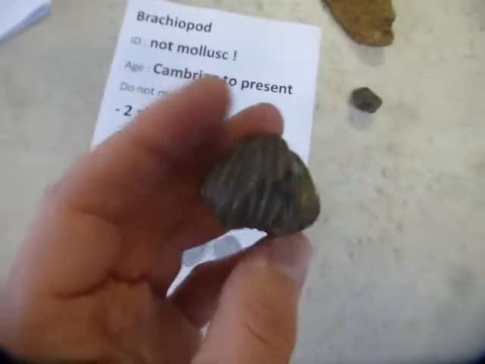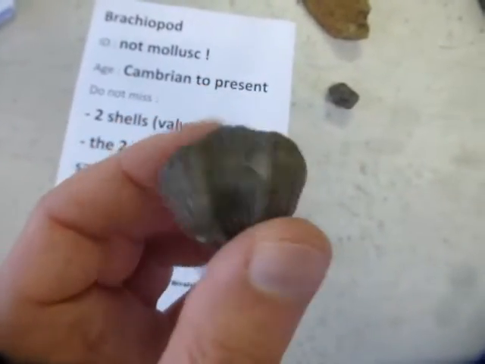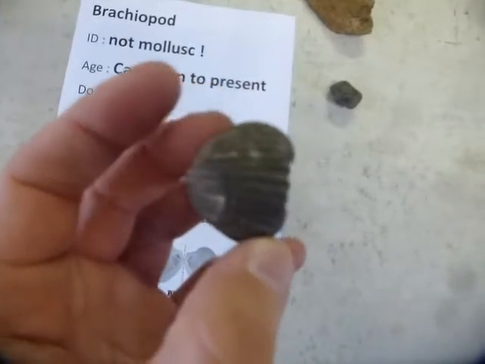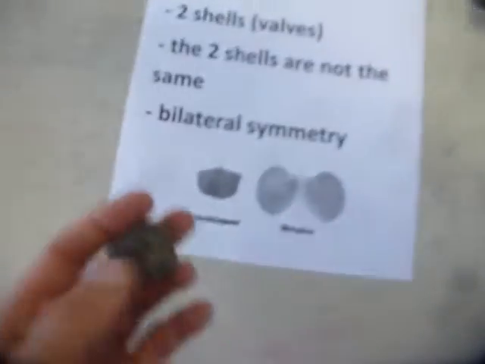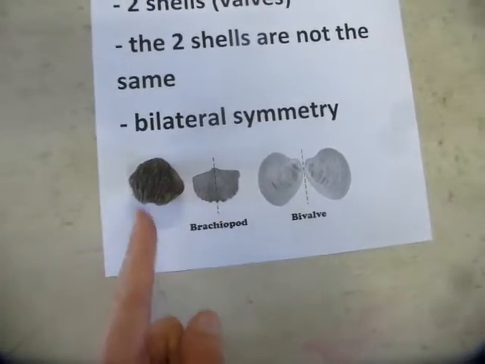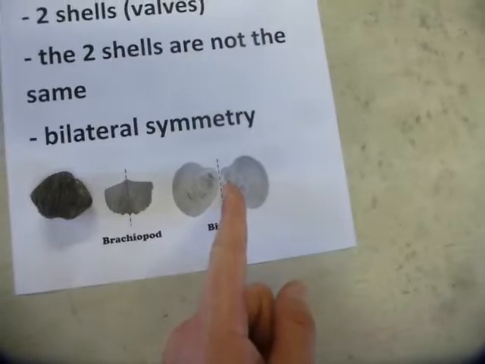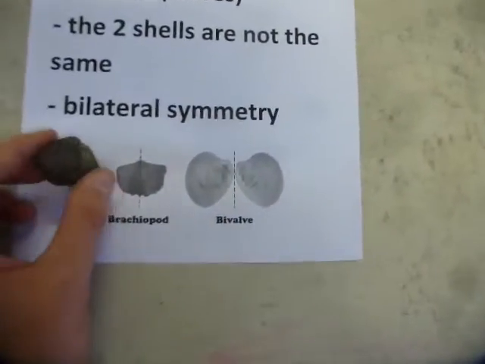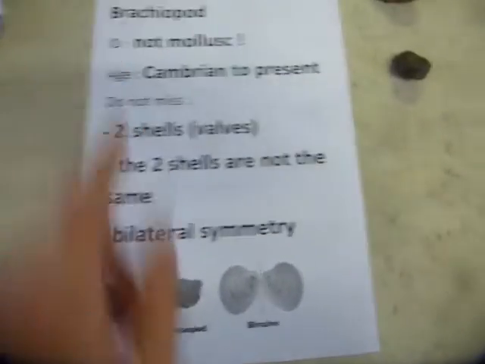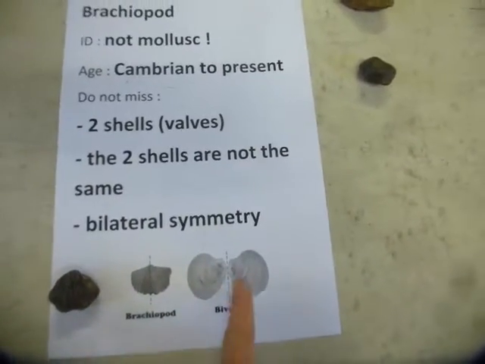And if you look at this one, for example, that's even more obvious. You have the top shell here and the bottom shell here, and you can see the bottom shell is not the same as the top shell. So in brachiopods, the symmetry runs through the shell and not between the shells. That's how you make the difference between a brachiopod and a bivalve. You look at the symmetry.